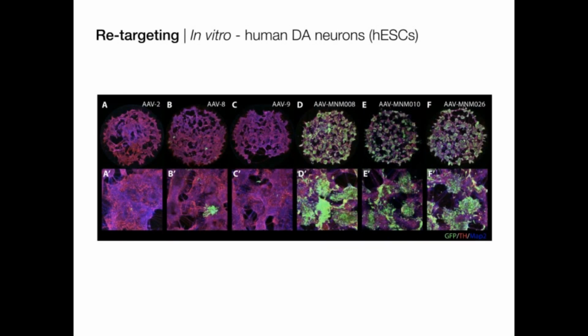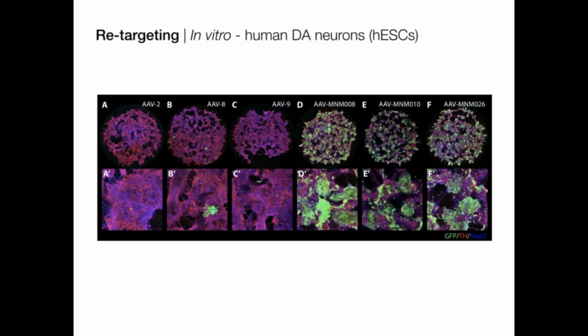And looking at the human dopamine neurons, the embryonic stem cells, AAV2, 8, and 9 to the left are not transducing at all, but by putting a peptide on the capsid, M008, M010, and M026 are highly efficient at transducing these human ES cells.